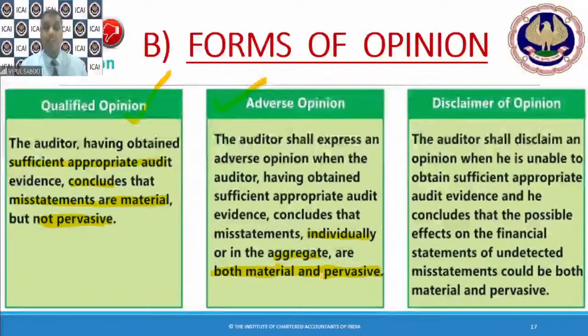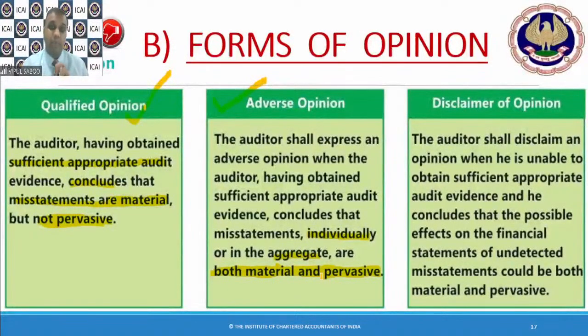But if there is something which is related to cash, there is some mismanagement relating to cash defalcation, it might be in the revenue, might be in the expenses. It can be found everywhere. So it is both material, and the word everywhere comes into the scene. It is pervasive.